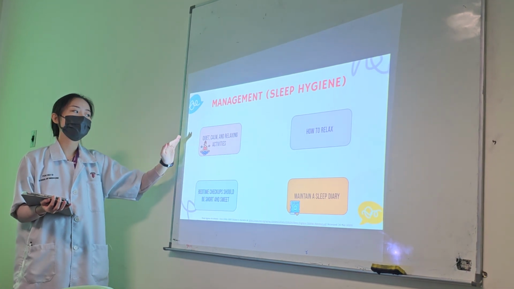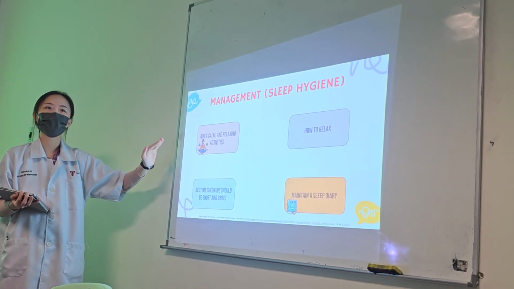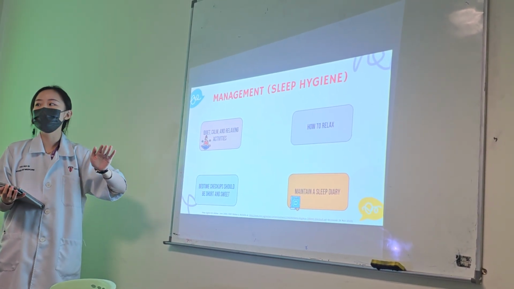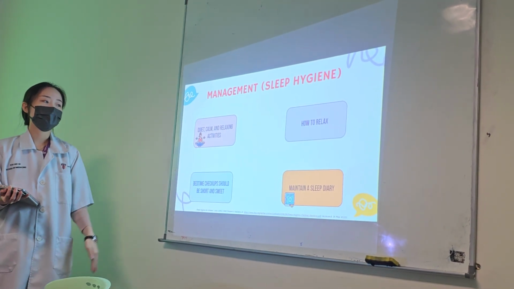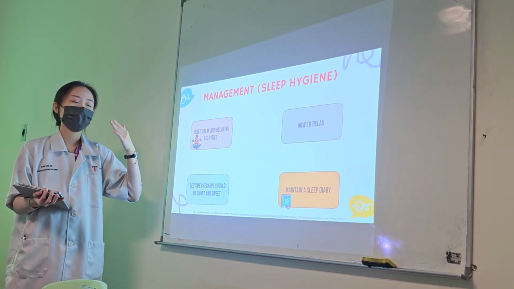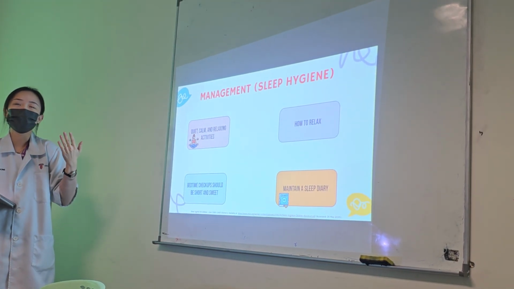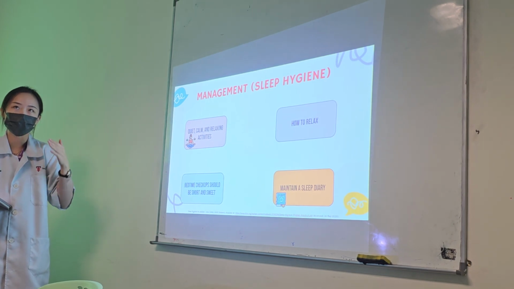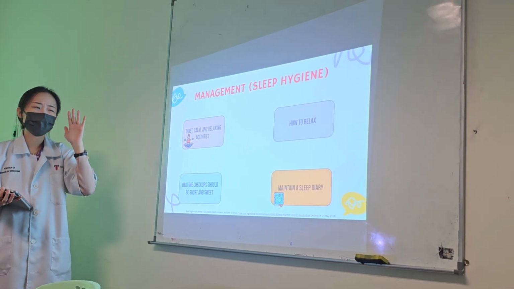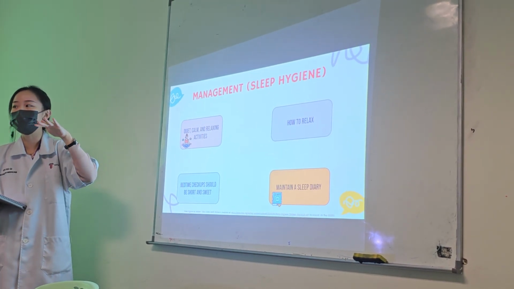And we need to avoid excessively stimulating activities like playing video games before sleep. We can also teach children how to relax by practicing techniques like taking a deep and slow breath, or imagining a positive image like being on the beach.